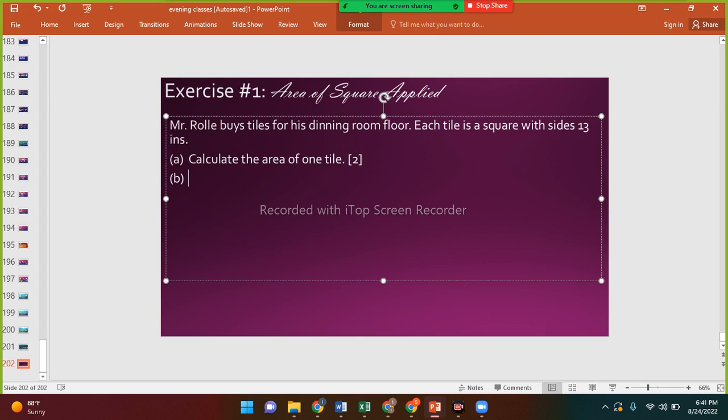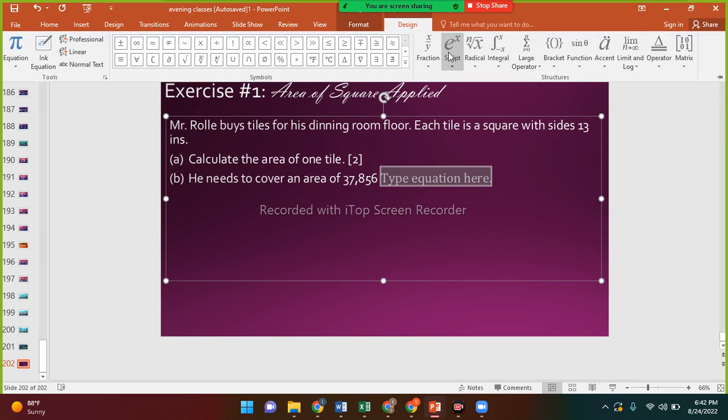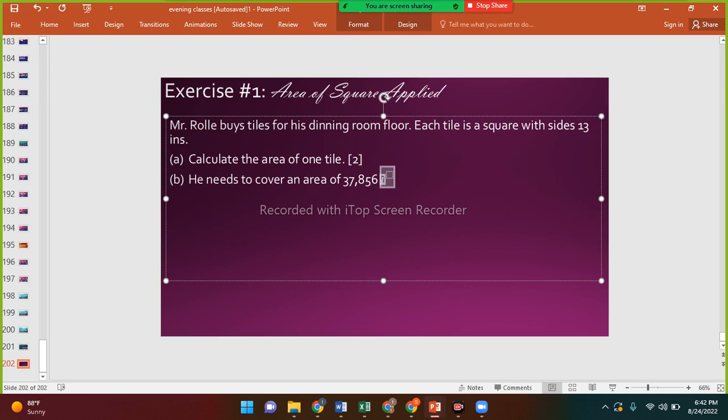B, he needs to cover an area of 37,856 inches squared.